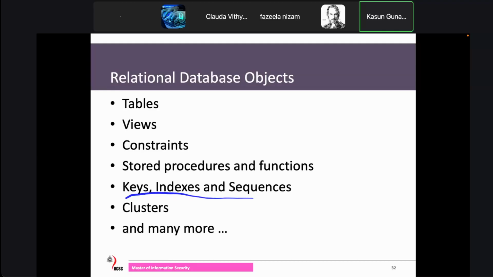Schema objects can be created and manipulated with SQL and include the following types of objects. Right, so I will mention here tables, views, constraints, stored procedures and functions, clusters, and there are many more objects.